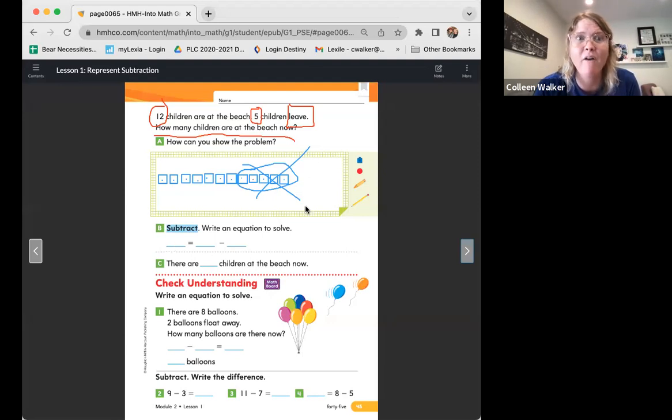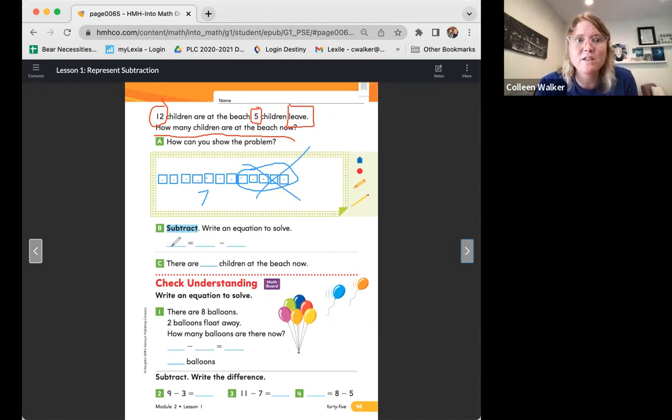We've been talking about how many children were there, how many were left, and we talked about how there were 7 that were still there. So, boys and girls, do you notice the equal sign is over here? Sometimes the equal sign, the difference can be on the left side or it can be on the right side. The answer is always going to be on the other side of that equal sign.